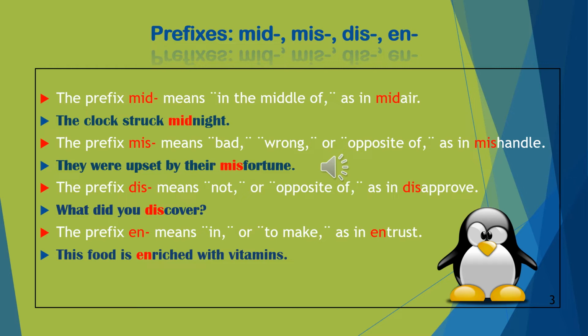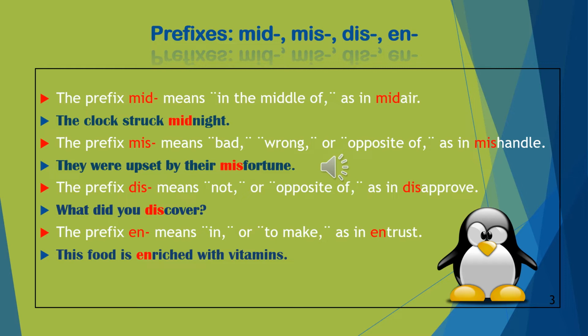So here we have some example sentences, and we have some words where you can find a prefix and a base word. Okay. Mid means in the middle of. Mis means bad, wrong, or opposite of. Dis means not or opposite of.